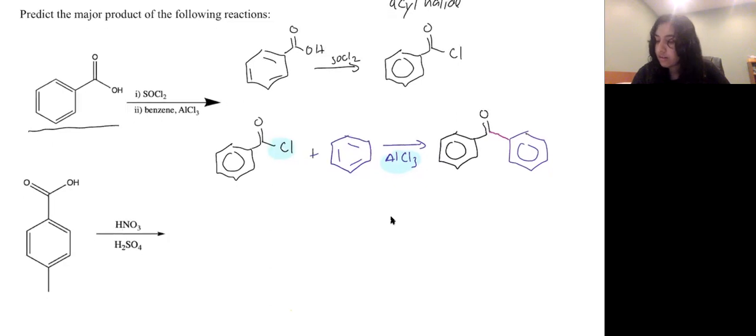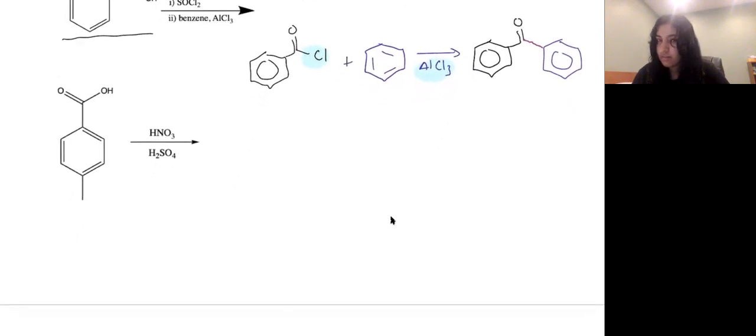Okay, so the next one, we have these reagents. So what do we know we're gonna add to the benzene? An NO2, we're gonna add a nitro group. But where are we gonna add the nitro group? We have to look at the directing effects on the benzene. So there are two directors. We have this top carboxylic acid and then this bottom methyl. So where does the top one direct to?